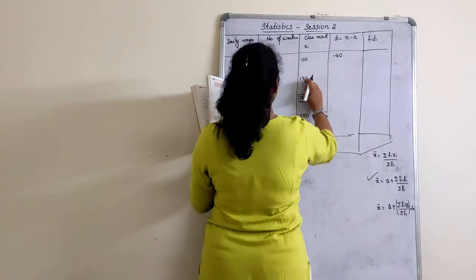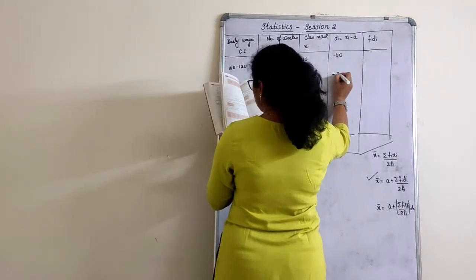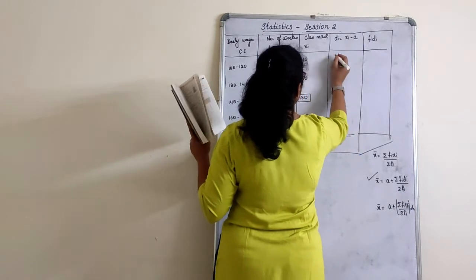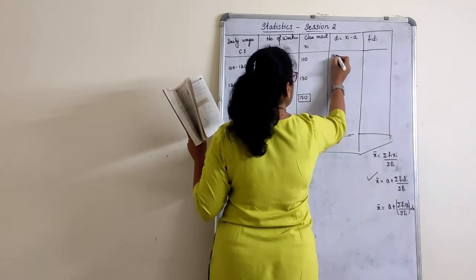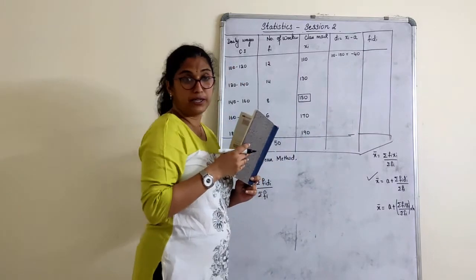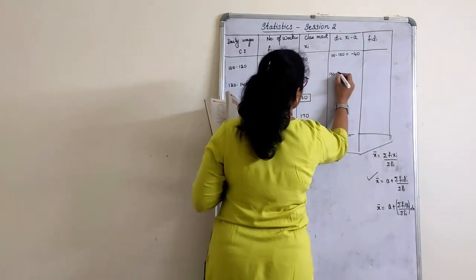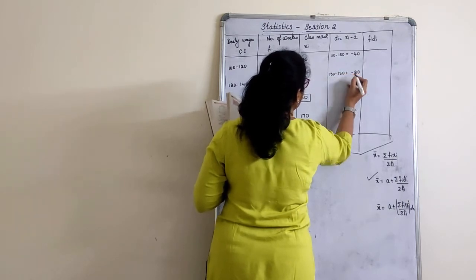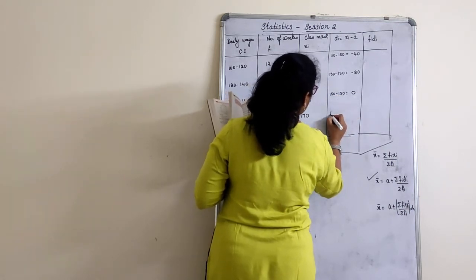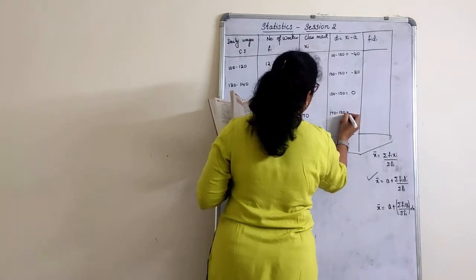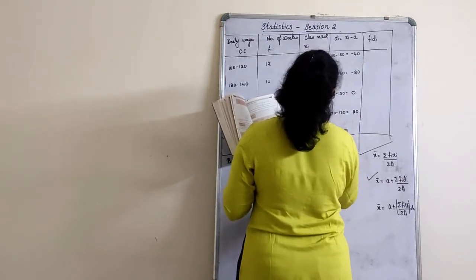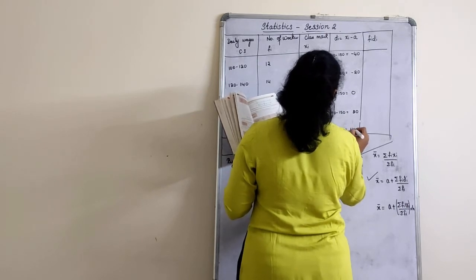Answer is minus 40. 130 minus 150 is minus 20. 150 minus 150 is 0. 170 minus 150 is 20. 190 minus 150 is 40.